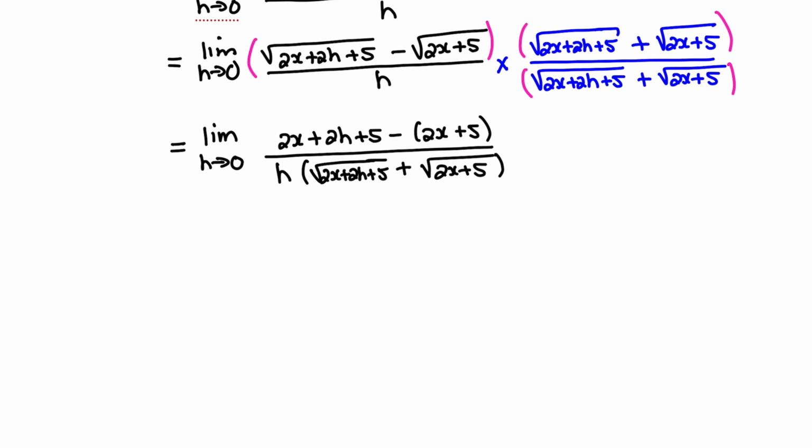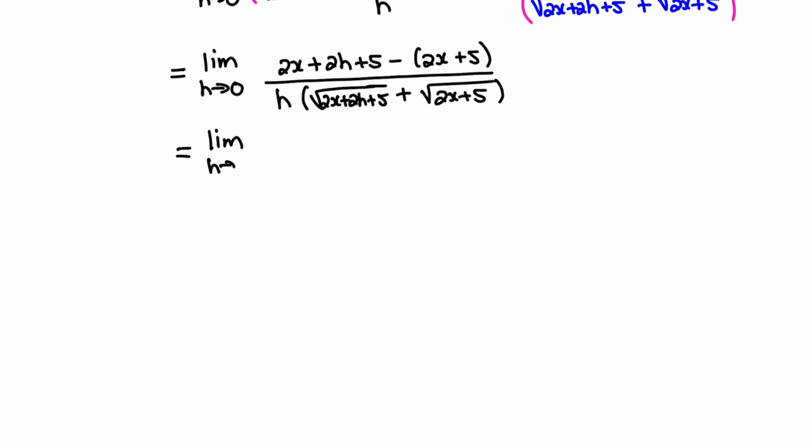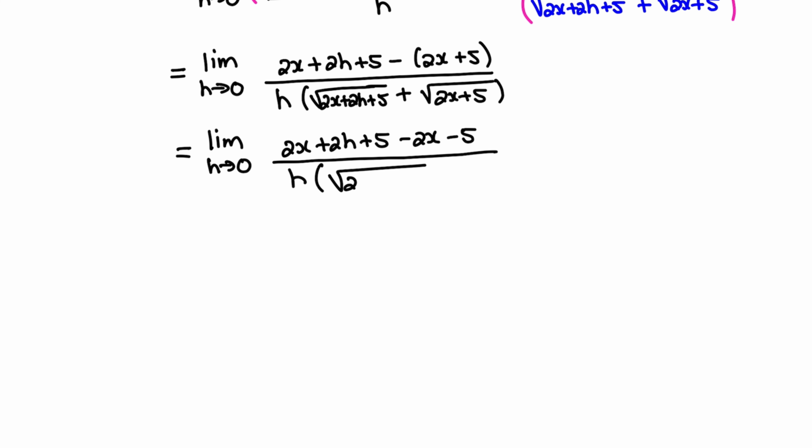So when I simplify further, I'll have the limit of h towards 0 of 2x plus 2h plus 5 minus 2x minus 5, because I'm distributing this negative 1. And this is over my messy denominator of h times the root of 2x plus 2h plus 5 plus the root of 2x plus 5, and I close that bracket.